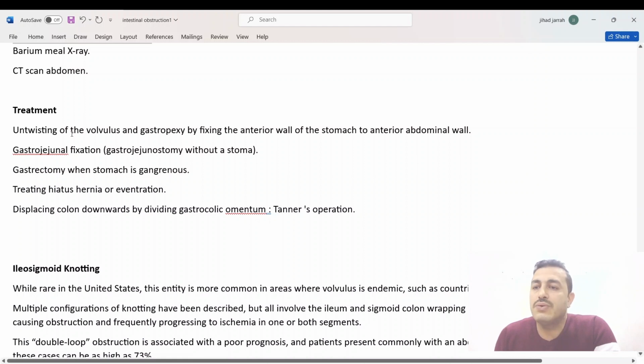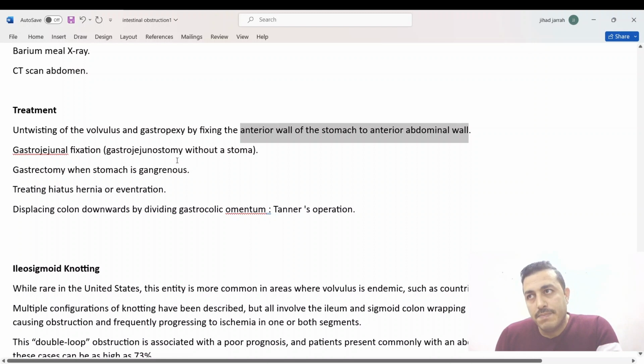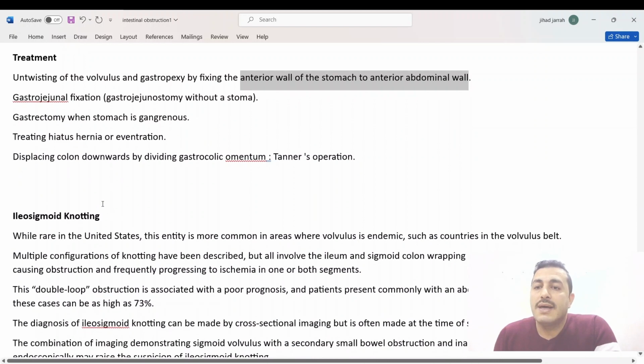We can proceed with just gastropexy by fixating the anterior wall of the stomach to the abdominal wall, or we can proceed to resection, partial gastrectomy, and gastrojejunostomy. Gastrectomy is done if there is evidence of gangrene, of course, and of course we treat the underlying cause if we have hiatal hernia or eventration.